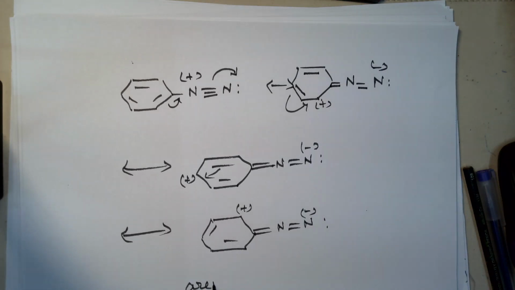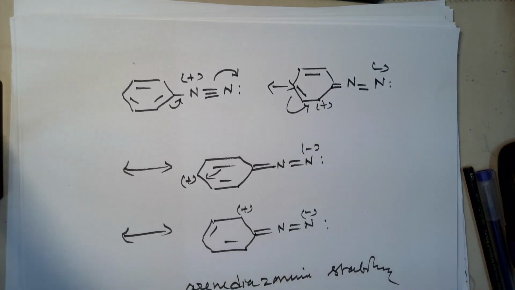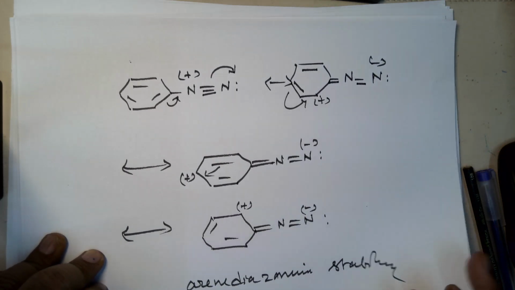Arene means benzene. So this illustrates the resonance structures of diazonium salts. Usually, nitro compounds react with sodium nitrite.